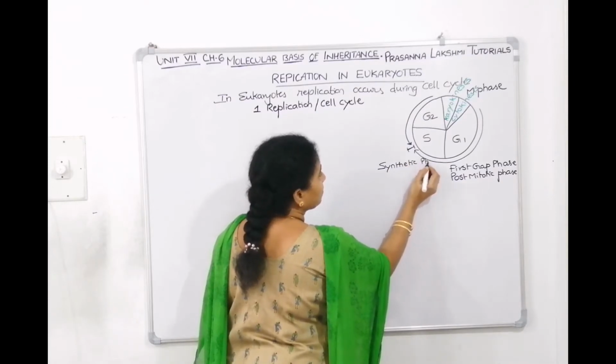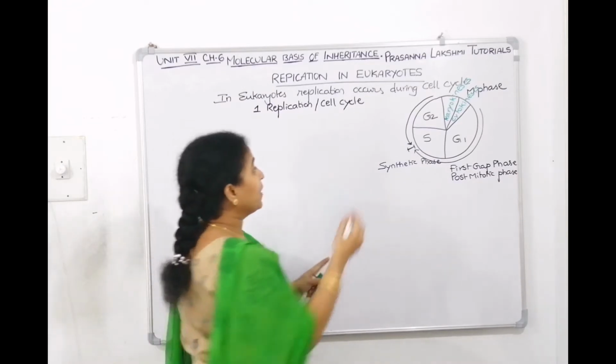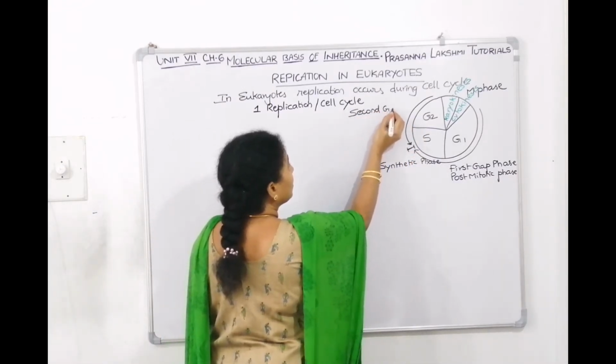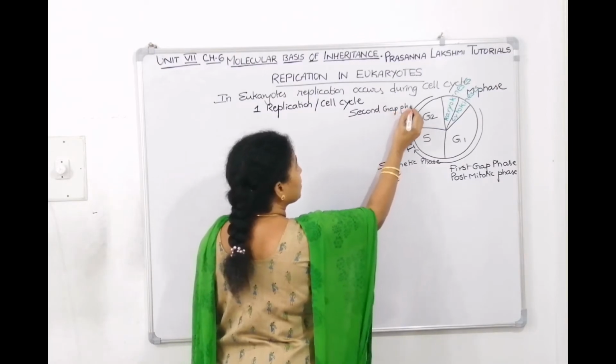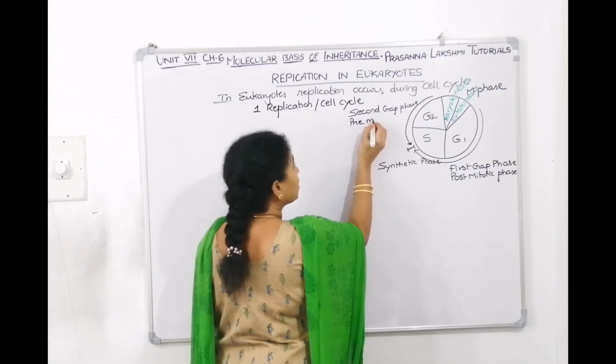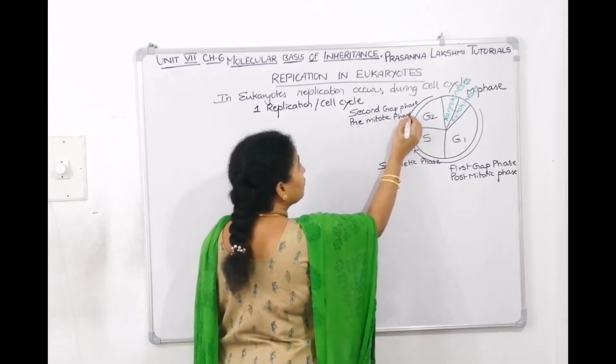G2 phase is called the second gap phase, which comes before mitosis, so we can call it the pre-mitotic phase.